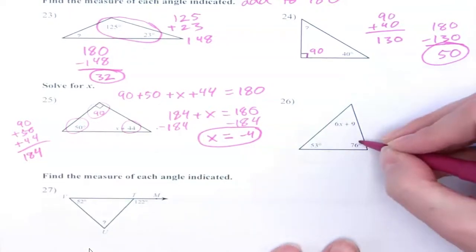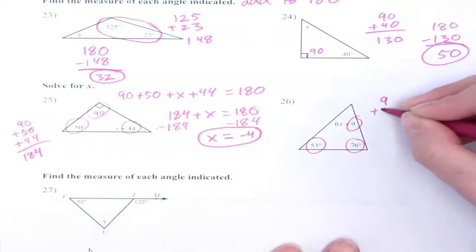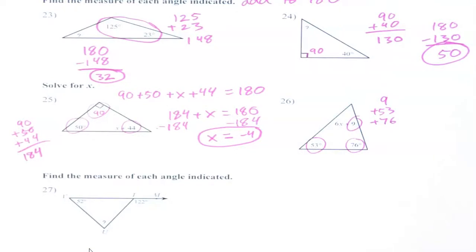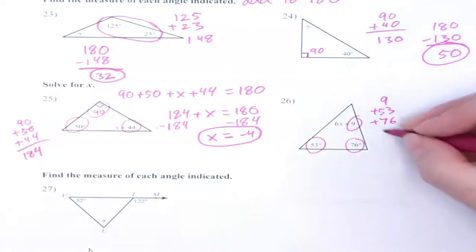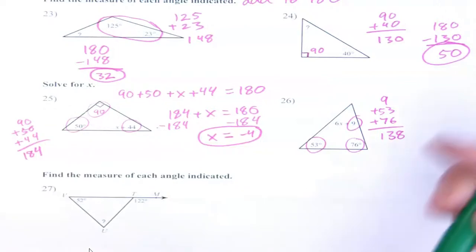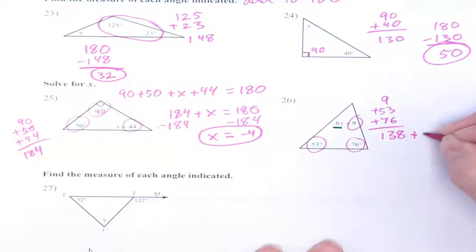Alright, next I'm going to do the same thing, is add all of those, so 9 plus 53 plus 76 to get 138, and this time I have 6x. So I have 138 plus 6x equals 180.